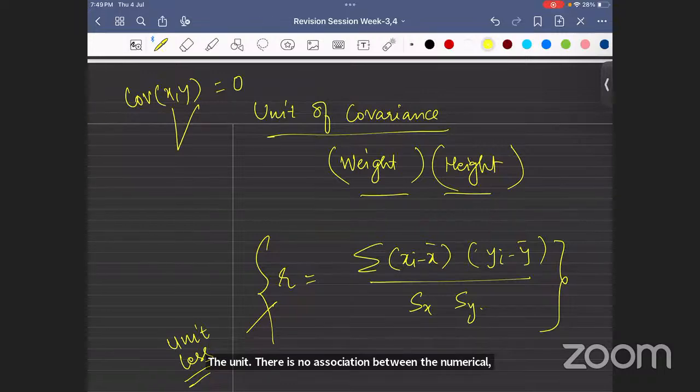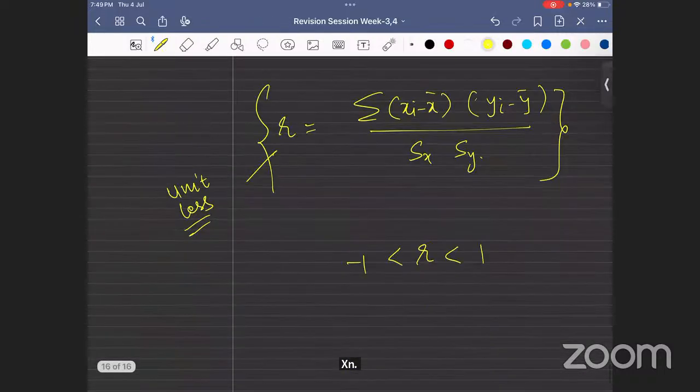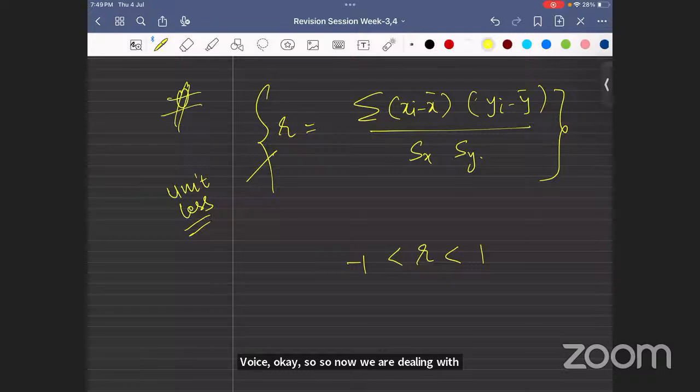Okay, so now we are dealing with the correlation coefficient. For the covariance, we were dealing with it as the measurement that helps us quantify the linear relationship between two variables.